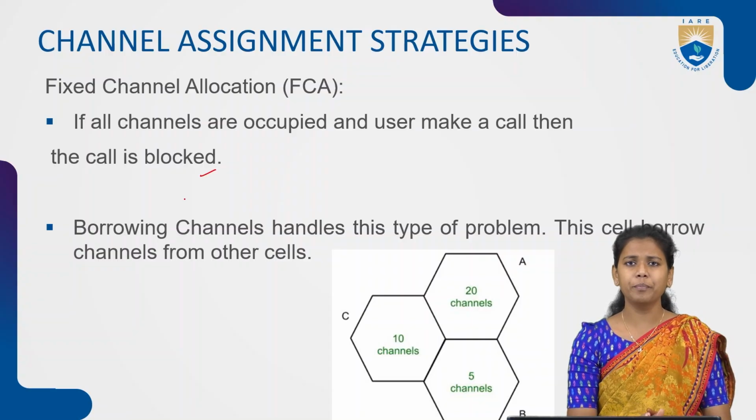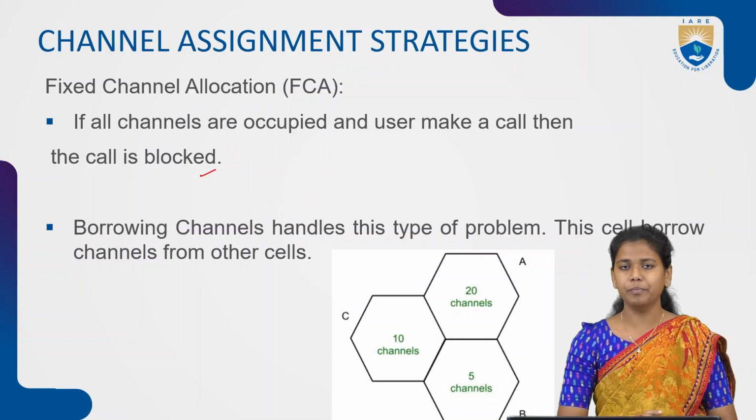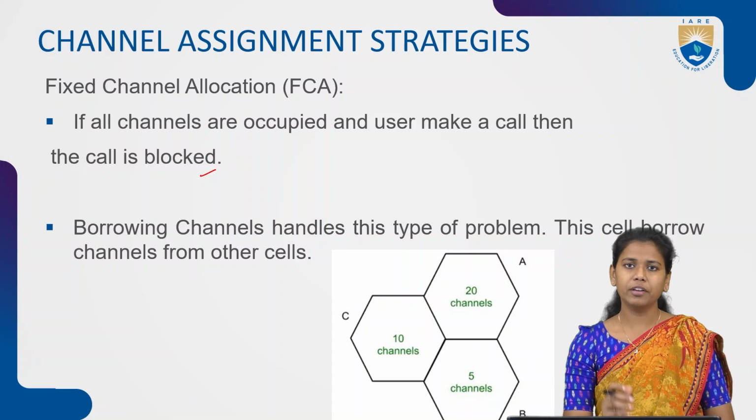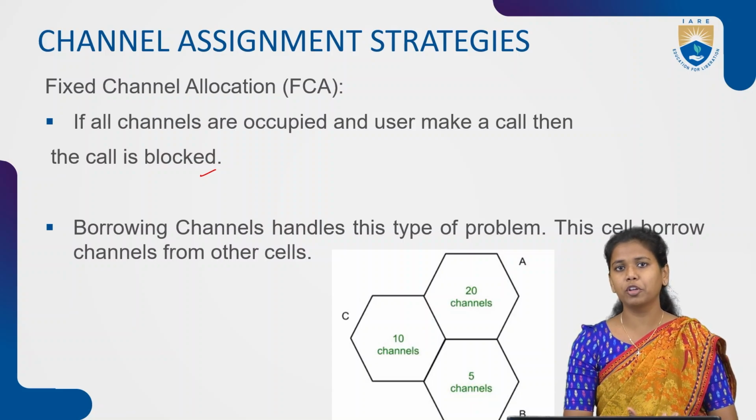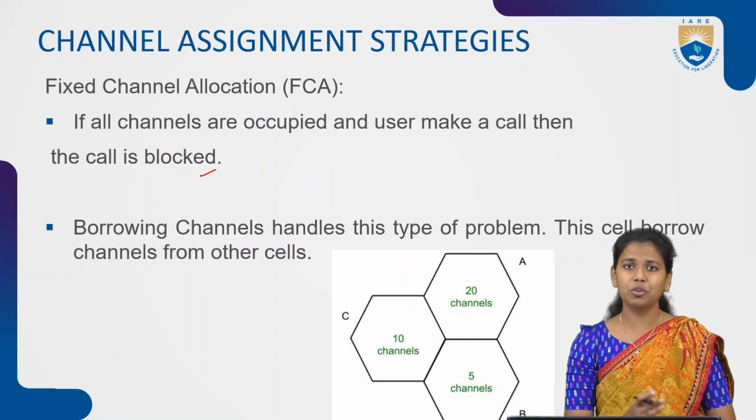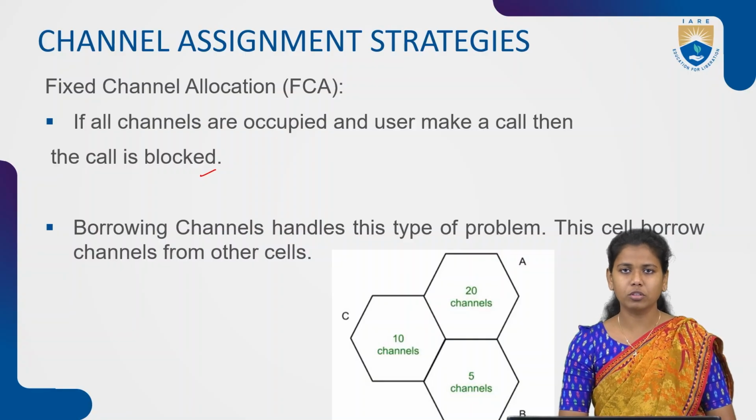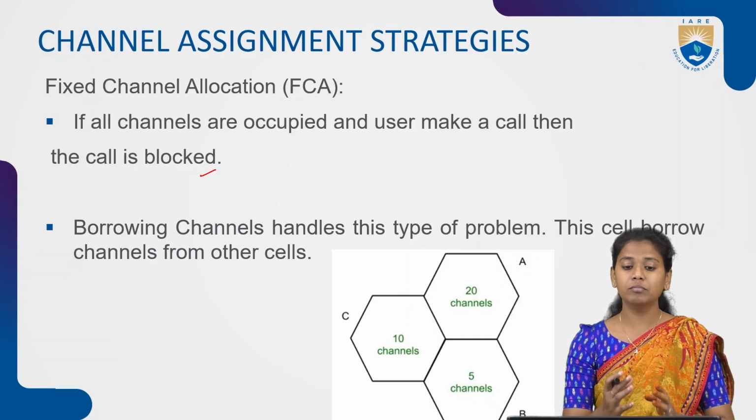Already the channels in this particular cell are allocated, so the next call will be blocked, because the channels are fixed.